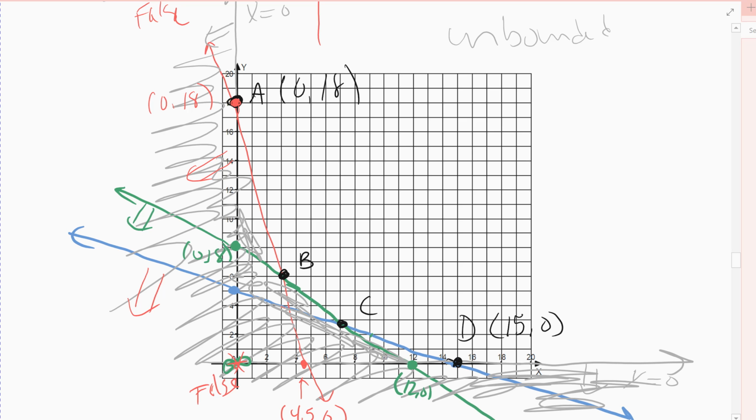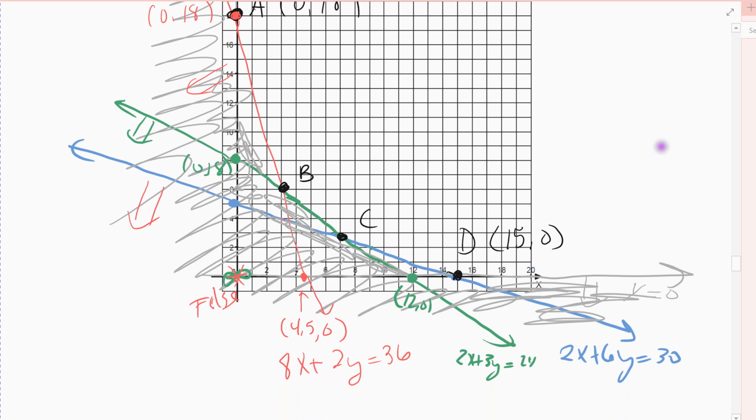B and C, because I know my graphing didn't come out great, I can either graph them, find where they intersect, or solve the system. Well, if I look at it, I'll ballpark it. B looks like it's at 3, 6. C, I really can't tell.